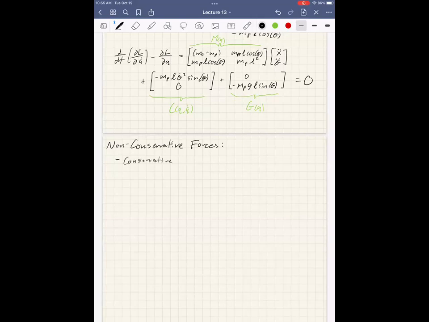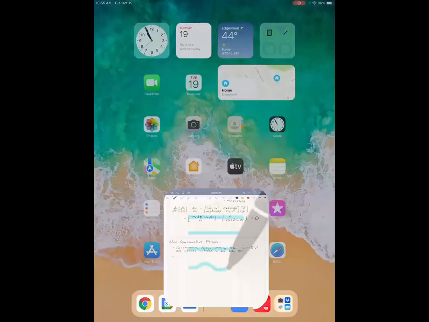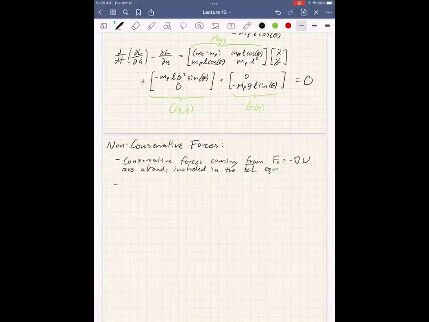So conservative forces, say we'll call this F conservative, minus grad U, are already included. What we need to do now is think about what the answer should look like, since we already know from F equals MA.